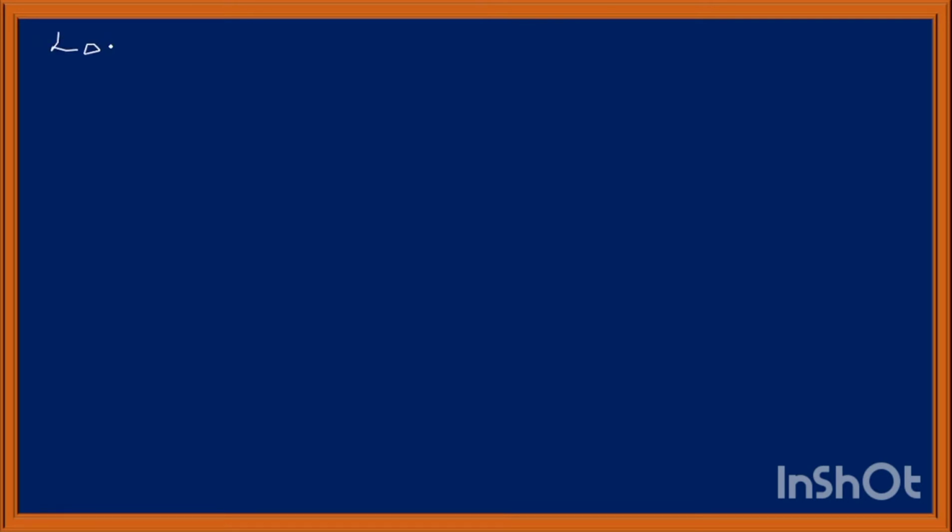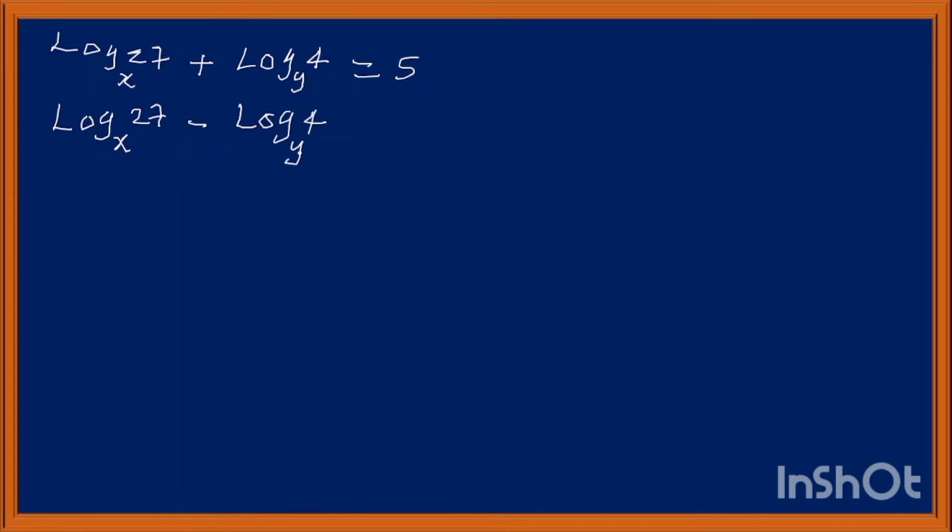The first one is log 27 base x plus log of 4 base y is equal to 5. This is the first equation. This is the second equation: log 27 base x minus log of 4 base y is equal to 1.